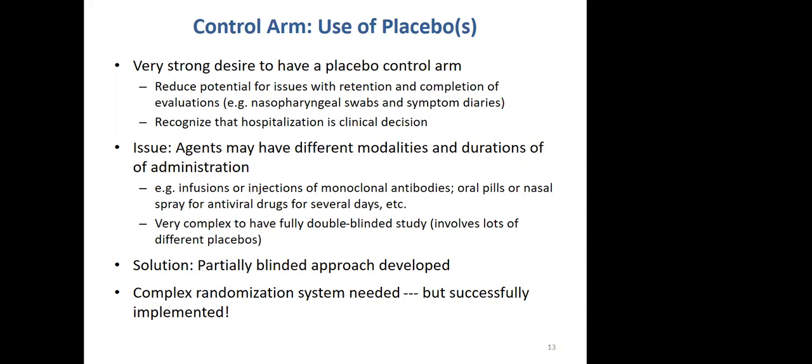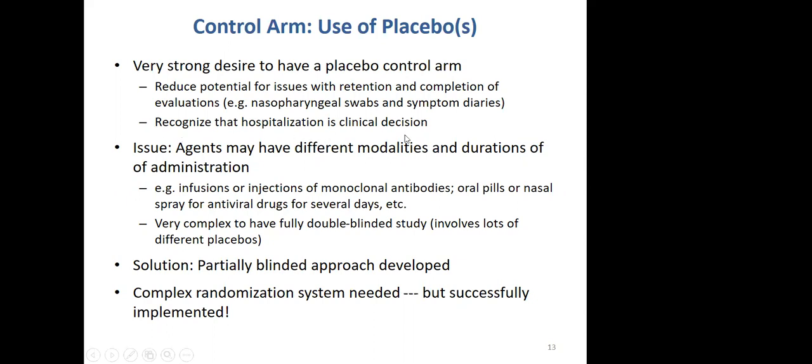And also there's an intensity of clinic visits, and COVID, like influenza, is a very fatiguing disease, and getting people to come into the clinic is not always easy, particularly on a regular basis. And then a key outcome is obviously measuring symptoms on a daily basis. So having complete symptom diaries is important.